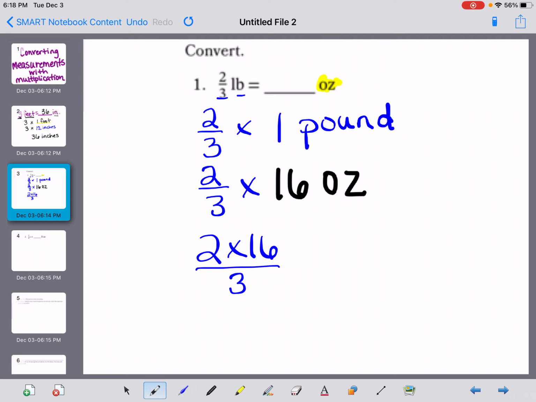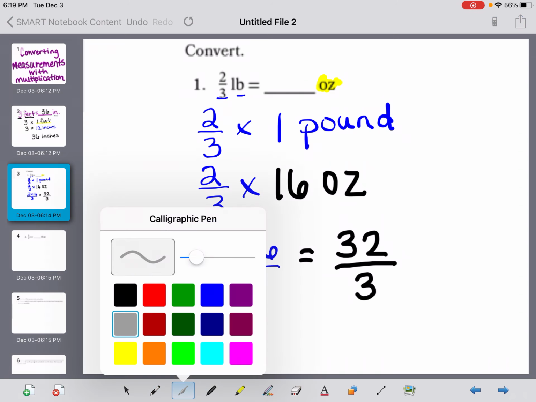Now, some of you may go to the side and do 2 times 16. You might know what 2 times 16 is in your head. You might use a strategy like halving and doubling: half 16 to be 8 and double 2 to be 4. But either way, you figure out that 2 times 16 is 32. Now we know that we need to put our 3 in our denominator: 32 divided by 3.